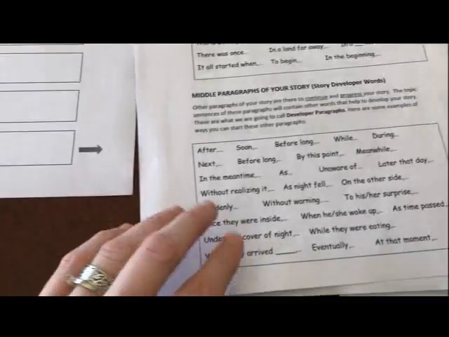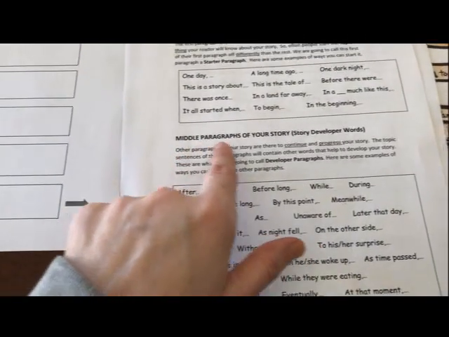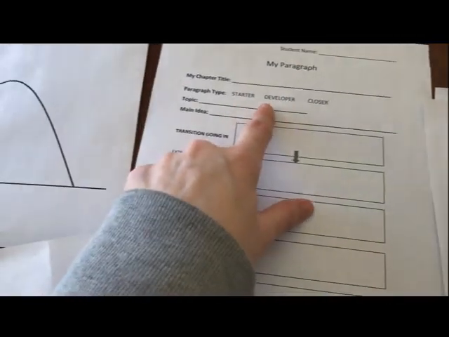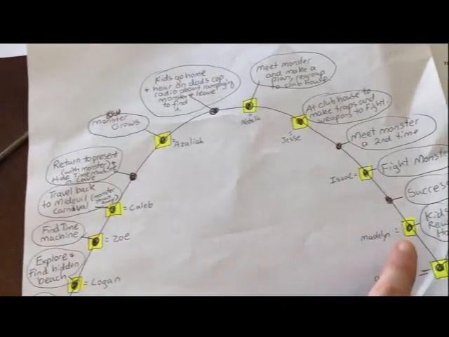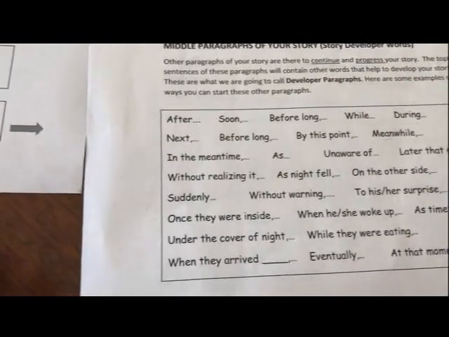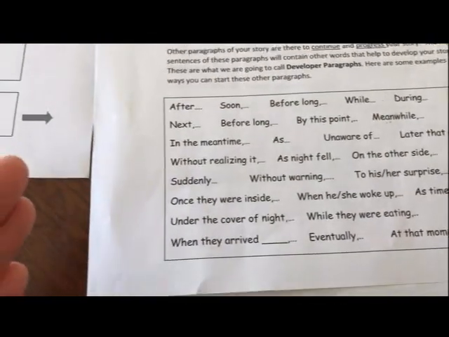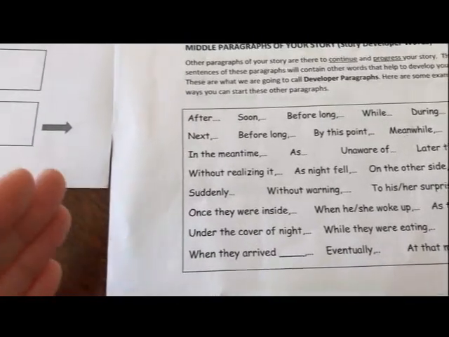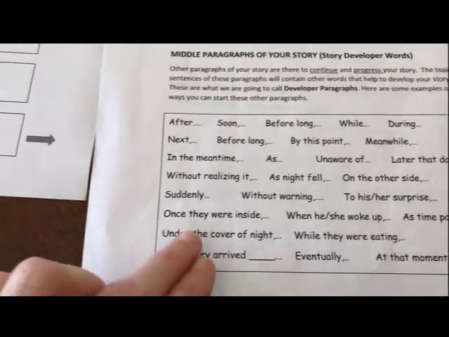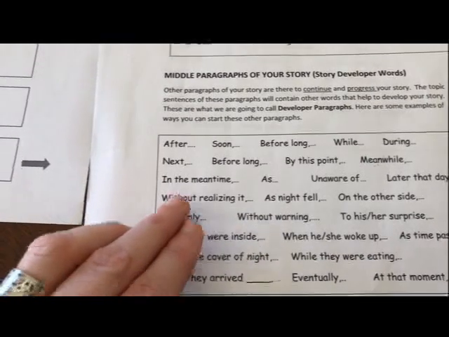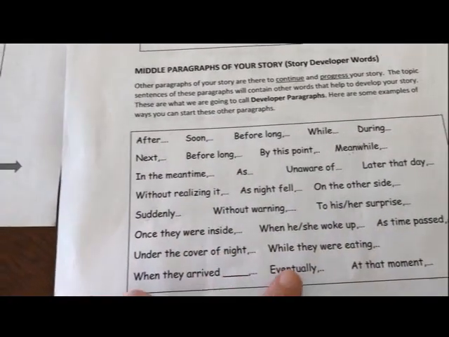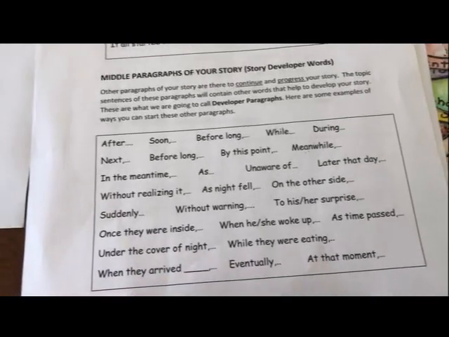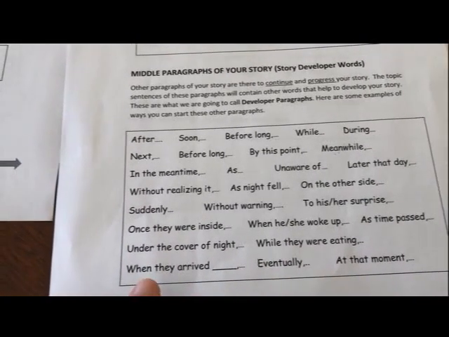We also have these for the middle paragraphs of our story. So if you're doing a developer one or one of the middle paragraphs, same thing. Any of these in here, then you're going to need a word that shows a sequence, that this is happening next, or this is happening after this one, or once they were inside somewhere, or suddenly, or without realizing it, or as night fell, or without warning, or eventually, at that moment, or when they arrived somewhere, like when they go back to the treehouse.